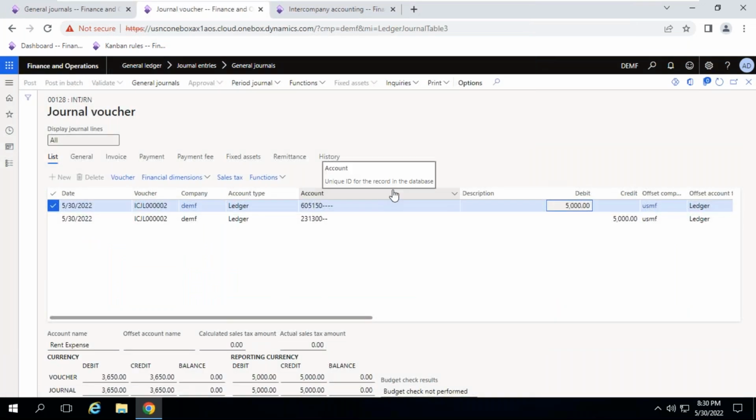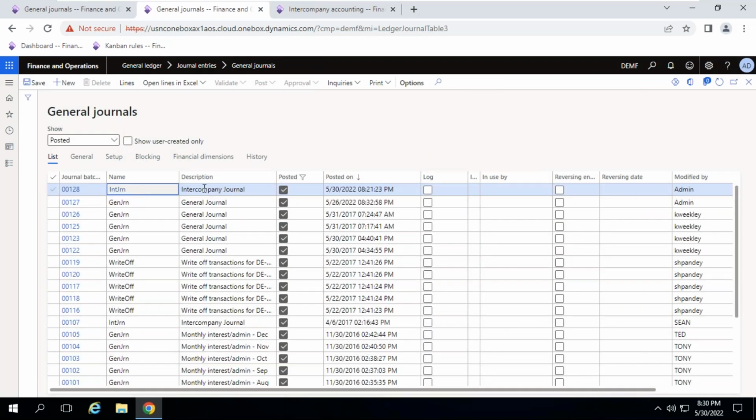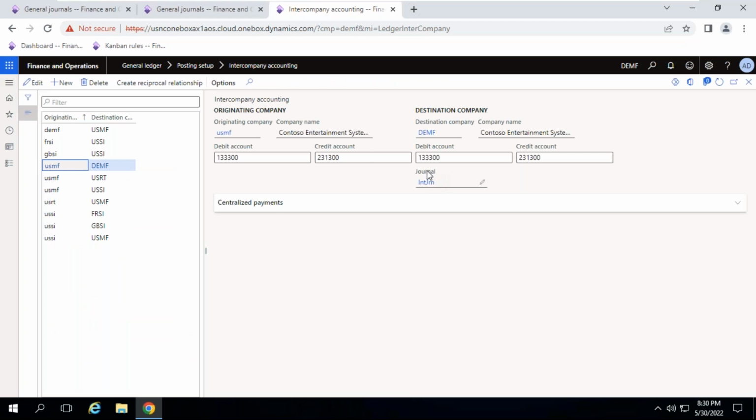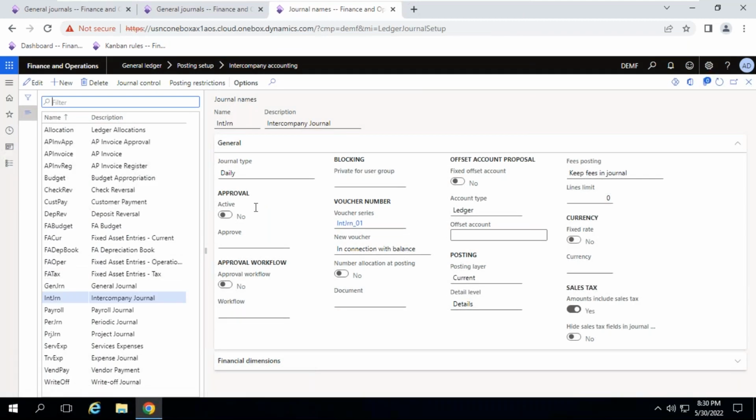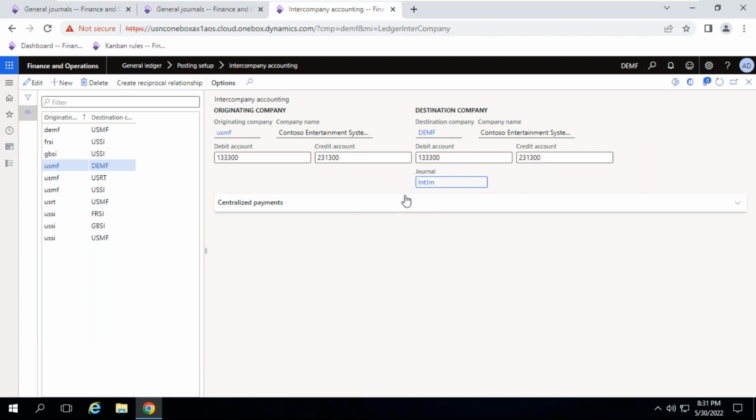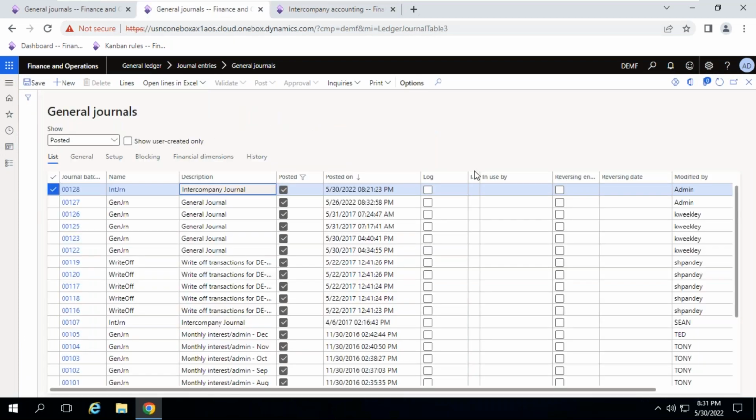It is automatically created. Yes, it is there in this setup, so here it was mapped. Daily journal, this is a setup. Based on this setup, automatically it is created in the system in DMF. Okay, understood.